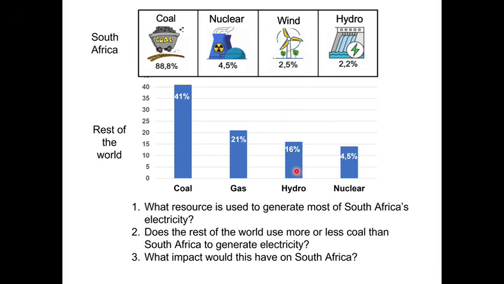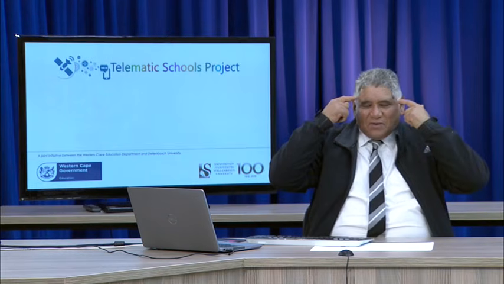Hydro, 16% against 2.2. In other words, the rest of the world is far ahead of us when it comes to the use of hydroelectric power. Nuclear, 4.5. Oh, that's about the same as the rest of the world. Now immediately, can you see what I've done? You've got a mental image of what this is all about. Now it makes the questions much easier.